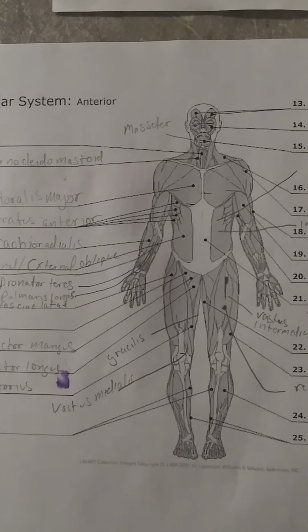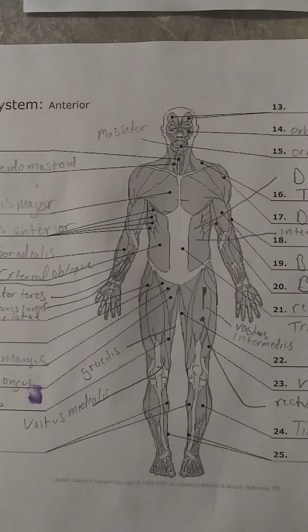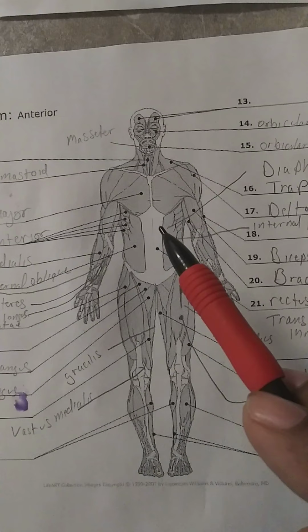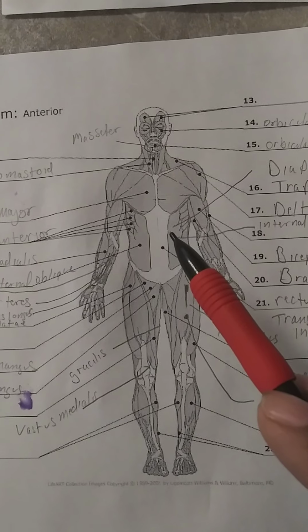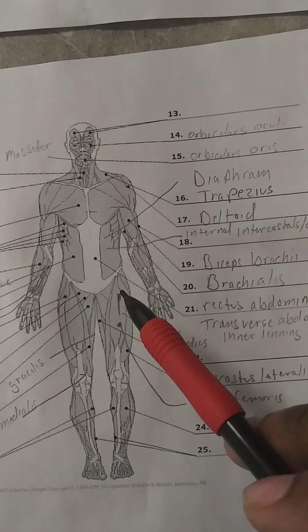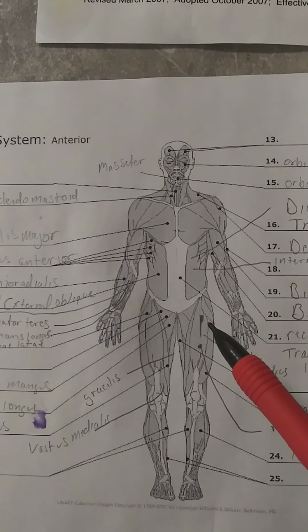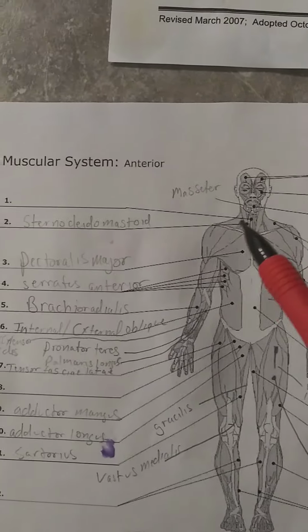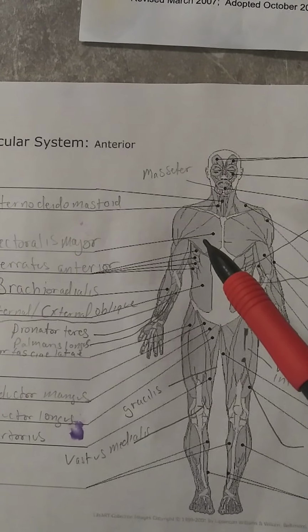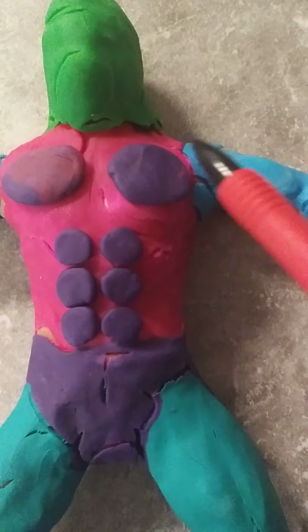So now we're moving down to the torso, and the diaphragm will be pretty much on the inside of the belly area there. And it's the prime mover of inspiration, so it'll be in that area there, diaphragm. And the pectoralis major will be the main part of the pecs, so these right there.